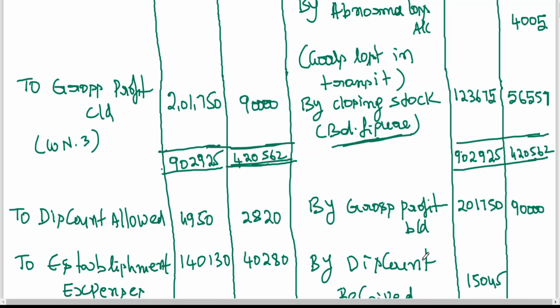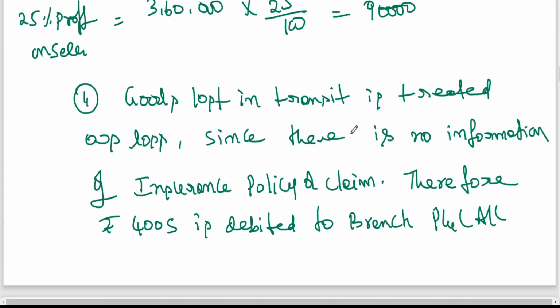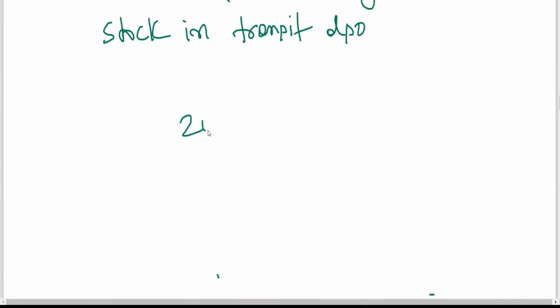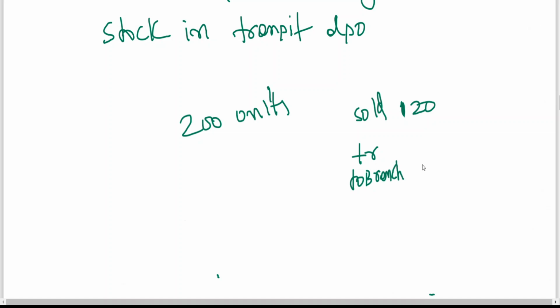Out of 200 units, say 120 units have been sold to outsiders, and the rest transferred to branch. Actually I transferred 60 to branch, but 10 is in transit, 60 minus 10, 50.